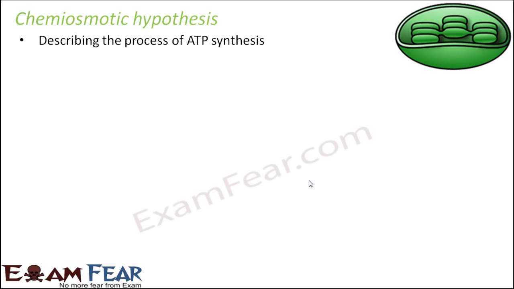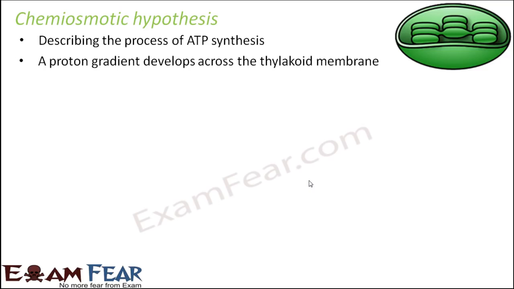Chemi is related to chemicals, so many chemicals involved, chemical equations, chemical reactions. Osmotic comes from the term osmosis. What is osmosis? Movement of water from region of high water potential towards region of lower water potential. So we will see what role osmosis plays here, that the name became chemiosmotic hypothesis. We'll get to know that once we know this hypothesis.